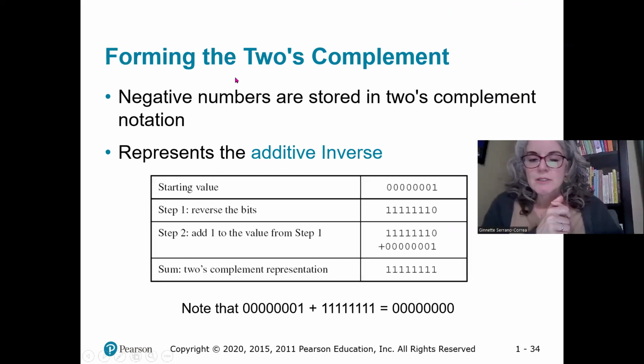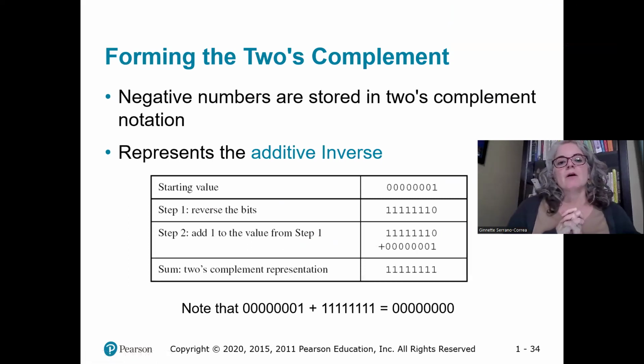Here, we're going to look to see how we form the 2's complement. So negative numbers are stored in a 2's complement notation. So if you have a negative number, for example, let's say that we have this number right here, 0001.